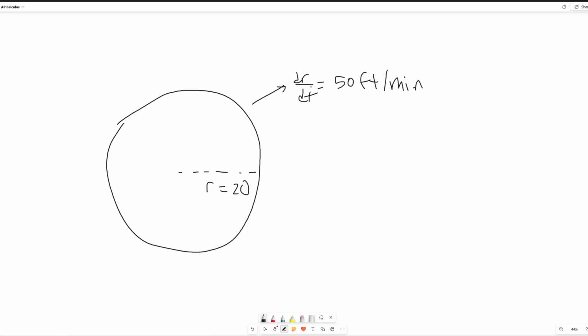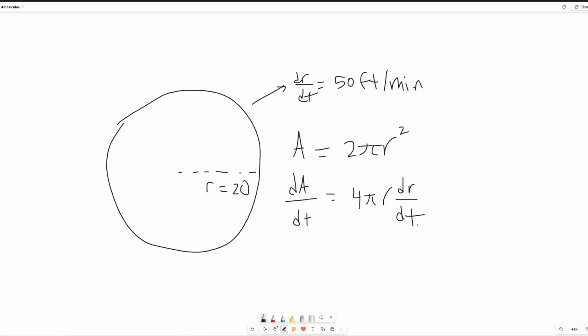Now, if I asked you to find dA over dt, then you could probably do it by just taking, let's say A is 2 pi r squared, right? How would you take the derivative of this? dA over dt equals 4 pi r dr over dt.